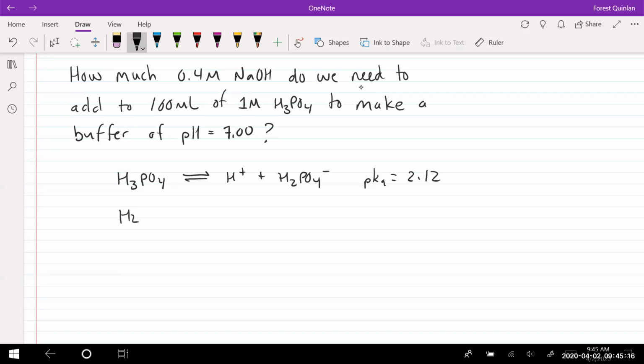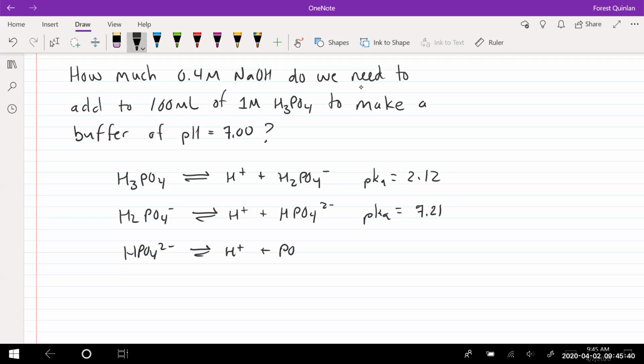We have H2PO4 minus back and forth to make H plus and HPO4 2 minus, and this has a pKa equal to 7.21. And finally, our HPO4 2 minus goes back and forth to make H plus and PO4 3 minus. That has a pKa equal to 12.67.